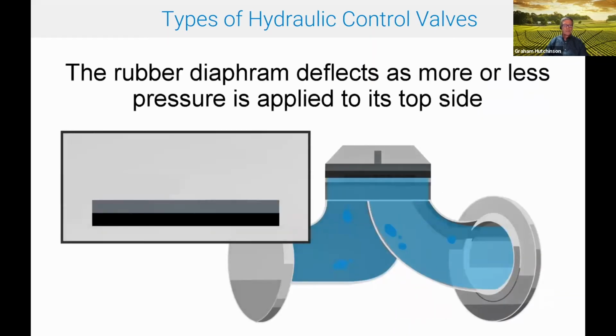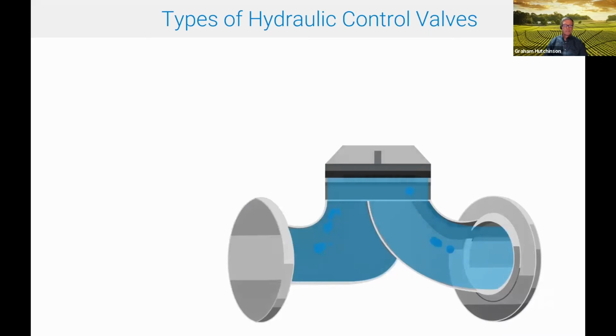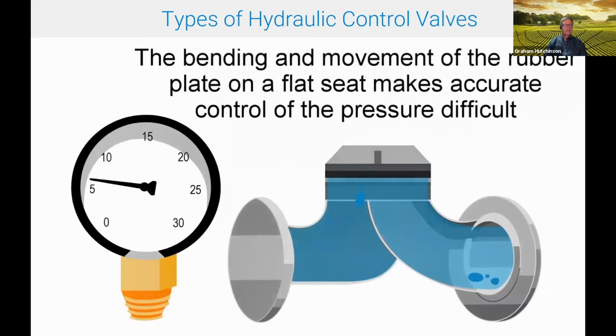The control can be difficult because the diaphragm has to seal on quite a large ring of surface area. And particularly if fine adjustments in pressure are required, control can be difficult.